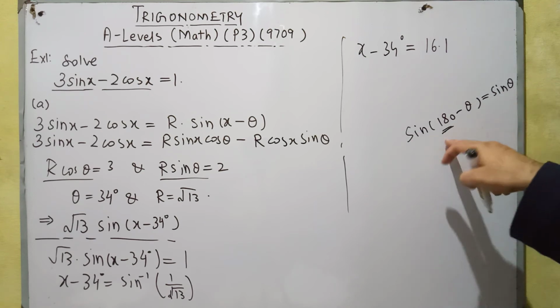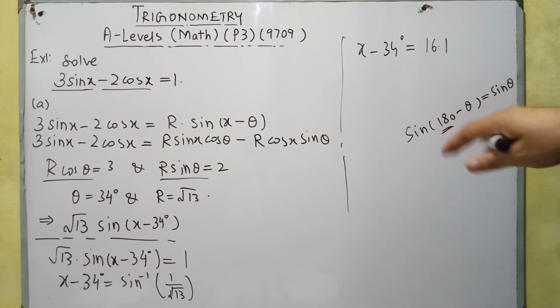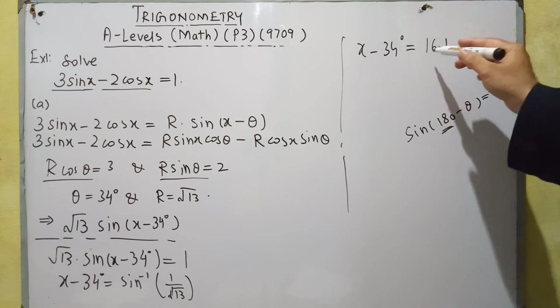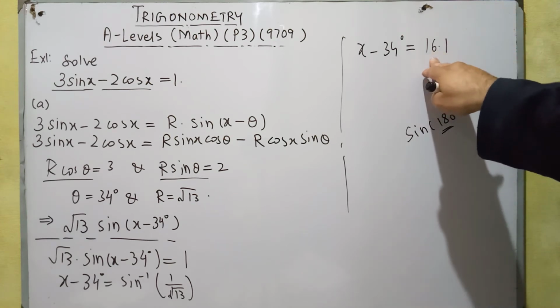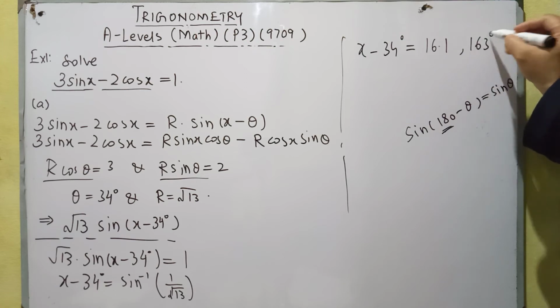And because 180 minus theta lies in the second quadrant, and in the second quadrant sine theta is always positive, we will have sine theta. So we can subtract 16.1 from 180, that will be equal to almost 163 degrees.